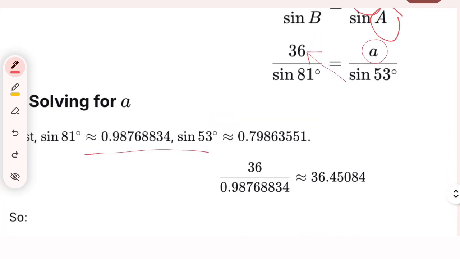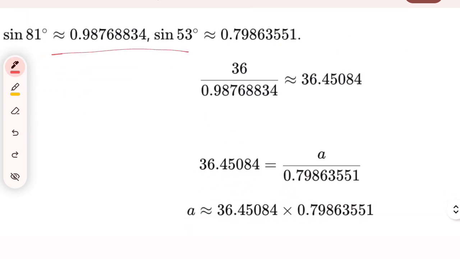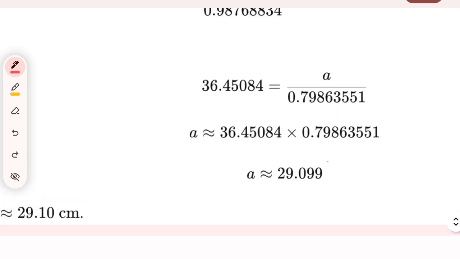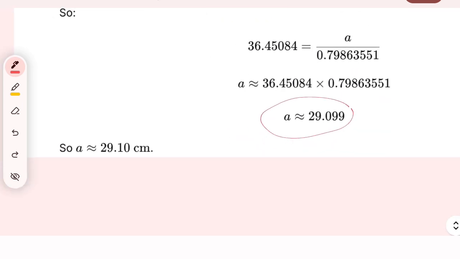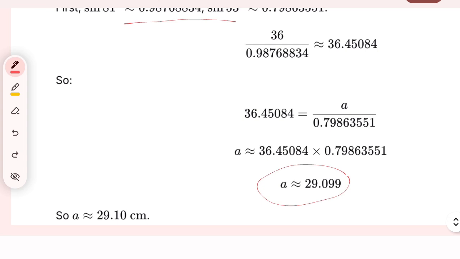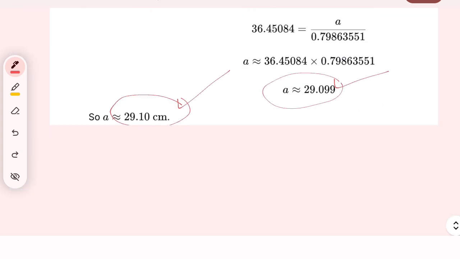So use your calculator. Sine 53, what is it? You multiply it with 36, then you divide it with sine of 81, and that is a. You come up with the answer, which would be around 29. You can simplify that and round it off, 29.1 centimeters. That is the value of the unknown side a.